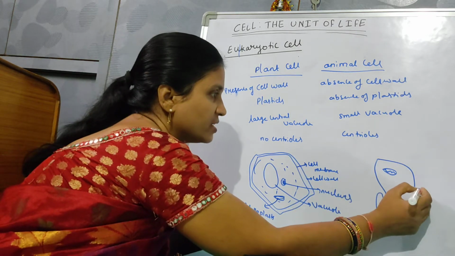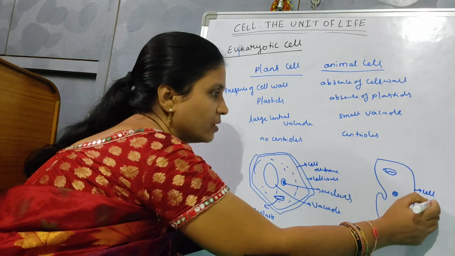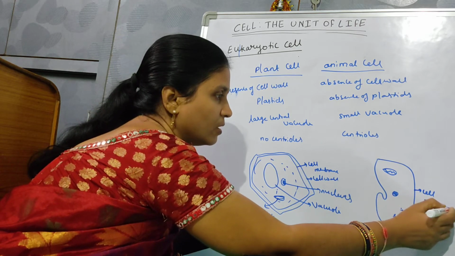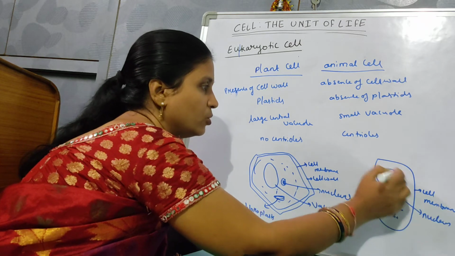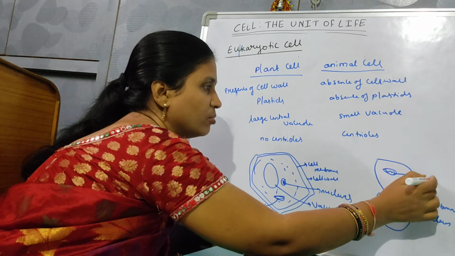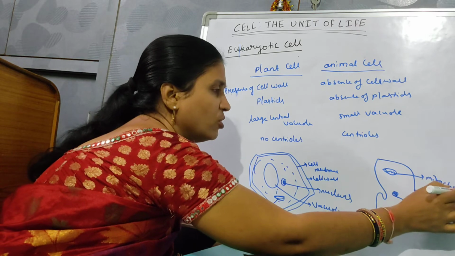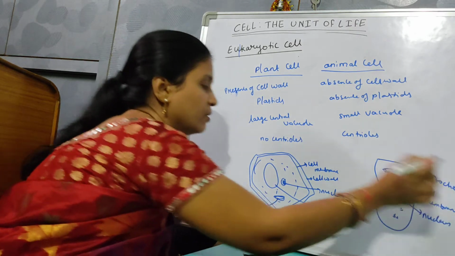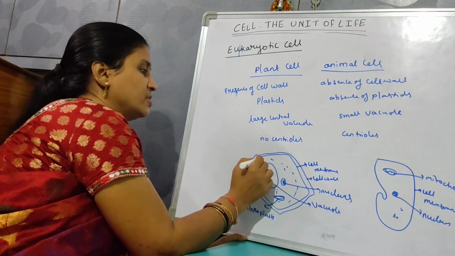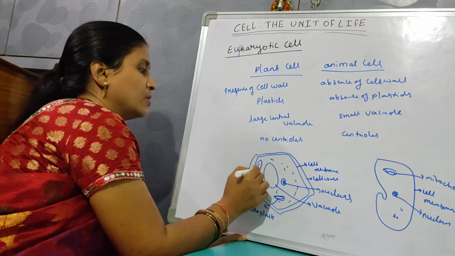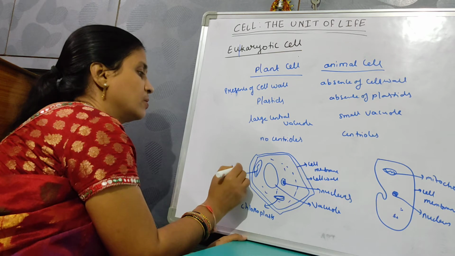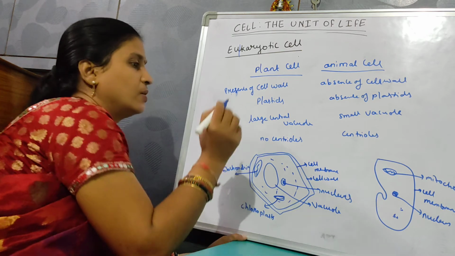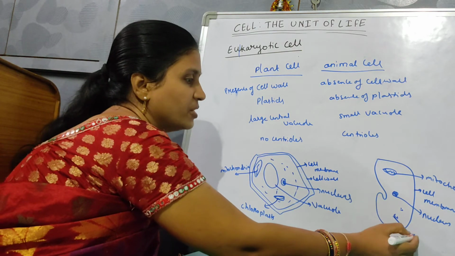Here just cell membrane, nucleus, mitochondria. Mitochondria is also present in plant cell. Centrioles are present.